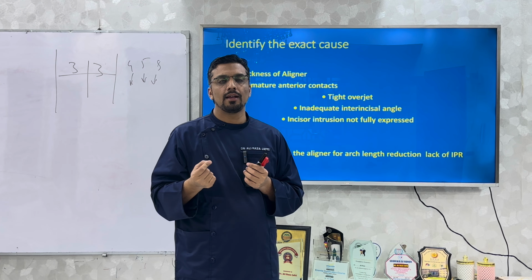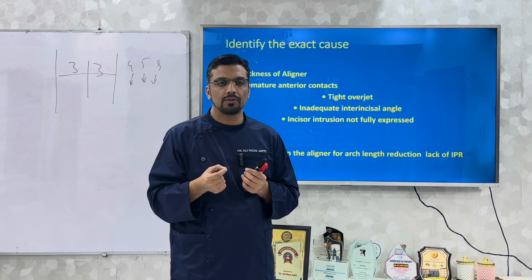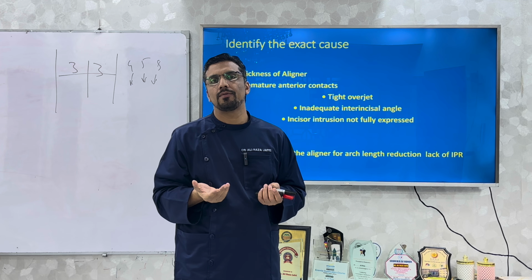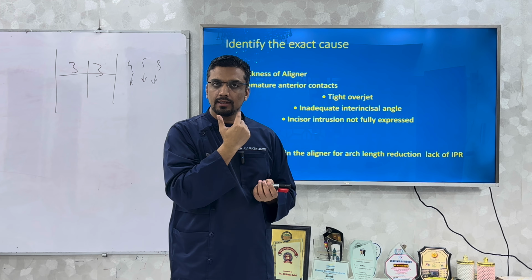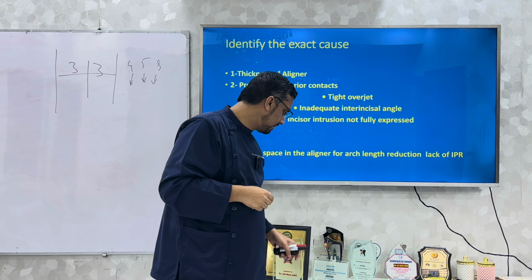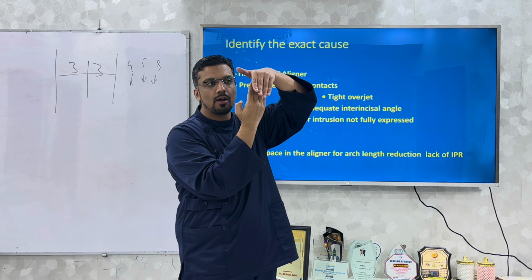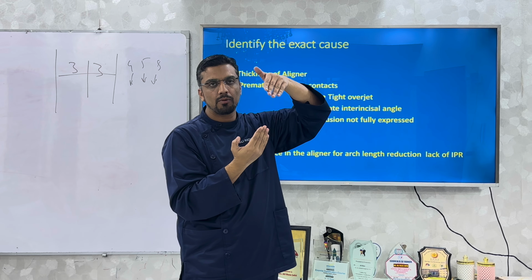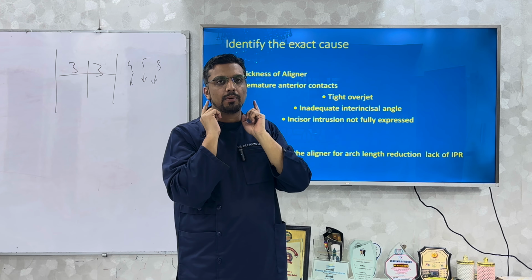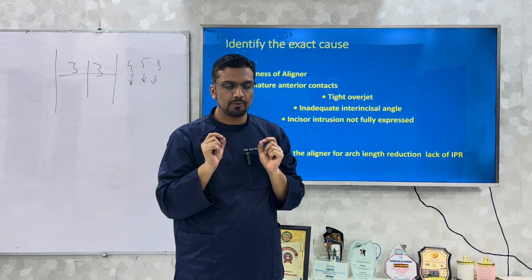This happens in aligners when there is a tracking loss or the teeth are not properly intruding, especially when we are correcting the curve of Spee. We are trying the intrusion of the lower incisors, and if the lower incisors are not properly intruding, the upper teeth will start hitting them, and this may lead to the development of a very mild posterior open bite.